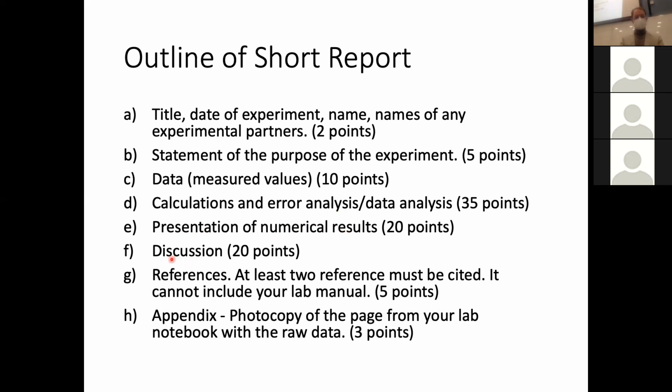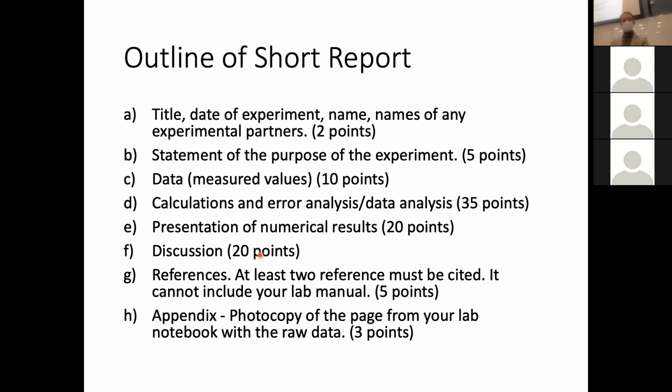Then you need to have a discussion section where in most cases you're going to be talking about how reliable the results are that you came up with. Why can you trust it or not trust it? Maybe you want to compare it to results in the literature.